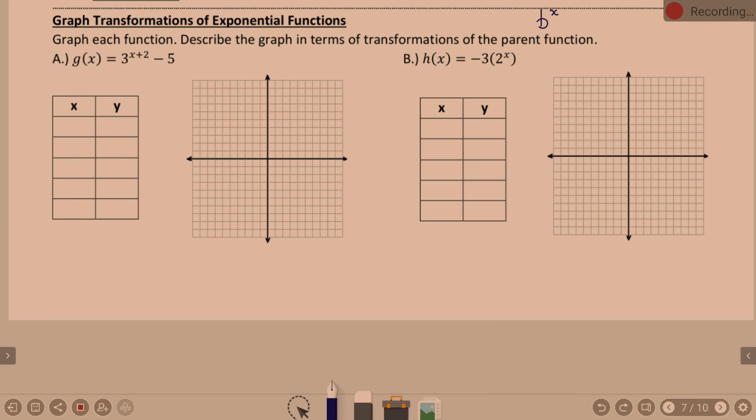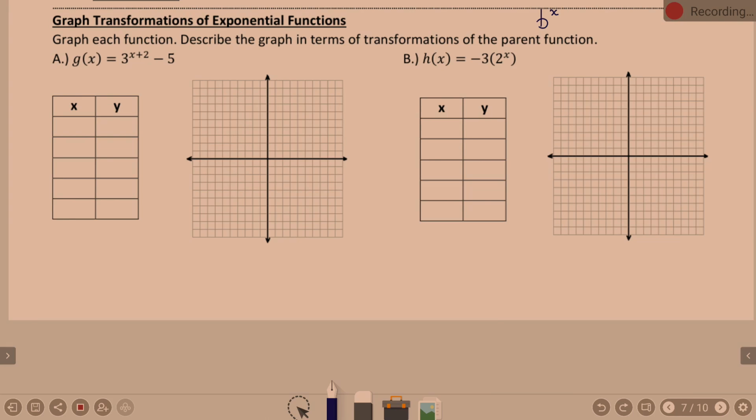So as you look at A, thoughts? g of x equals 3 to the x plus 2 minus 5. We had this chart, this is back from topic 1, so this is back from like August. But we had this chart on like every formula page we used first semester, right?